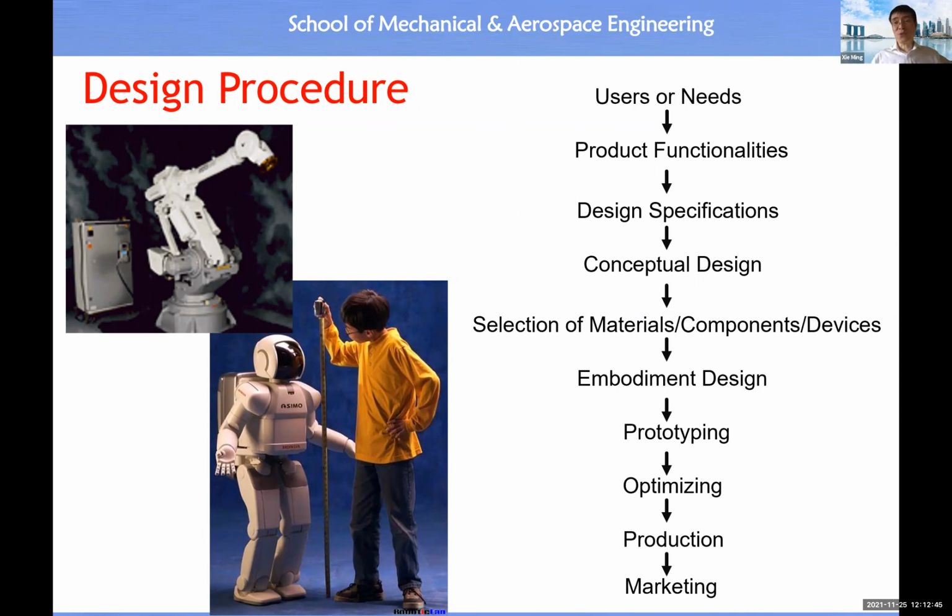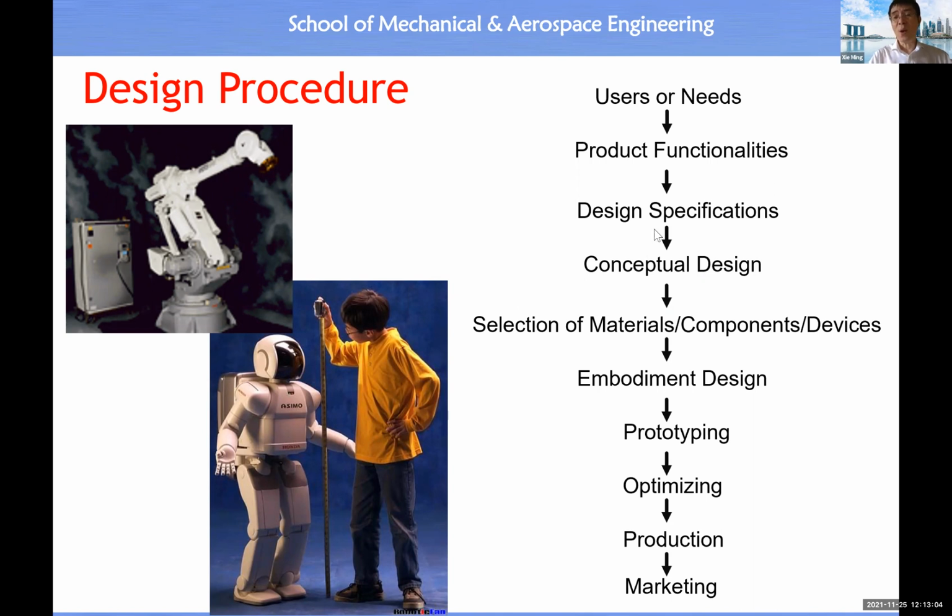Then you have a morphologic chart. From there, you can choose a combination among all the possible solutions. Then the result will be the conceptual design. Among all the possible conceptual designs, you choose the best one you want to pursue.